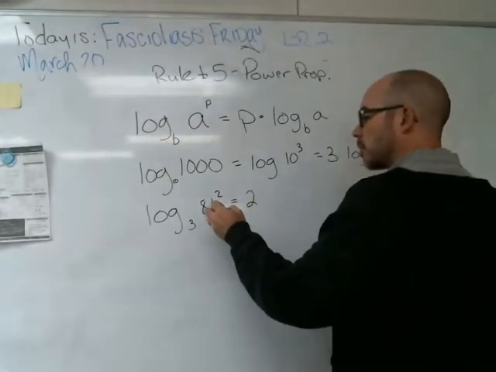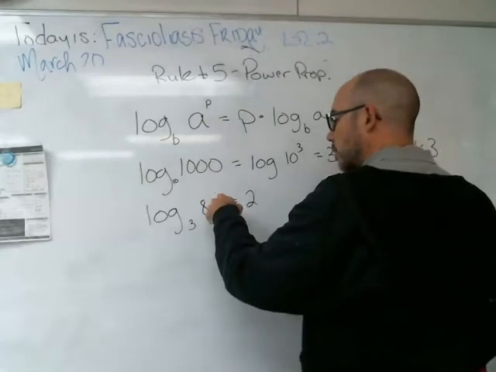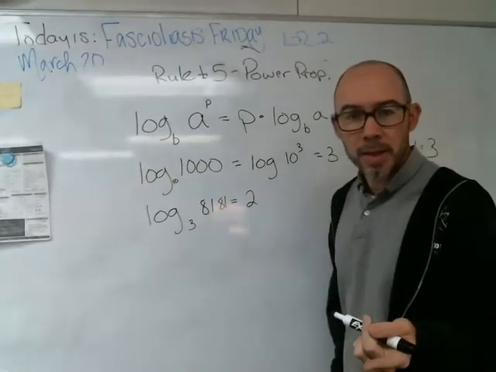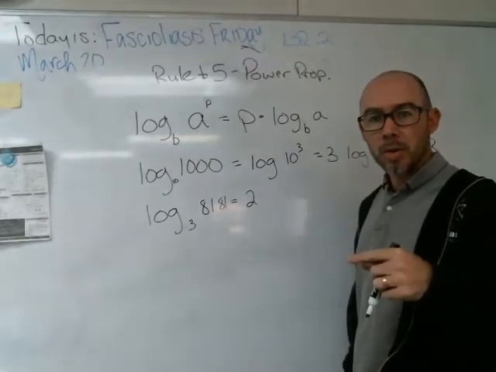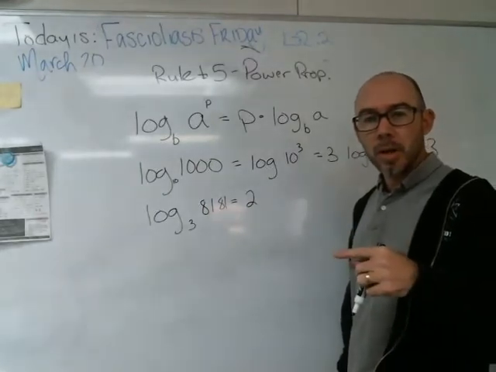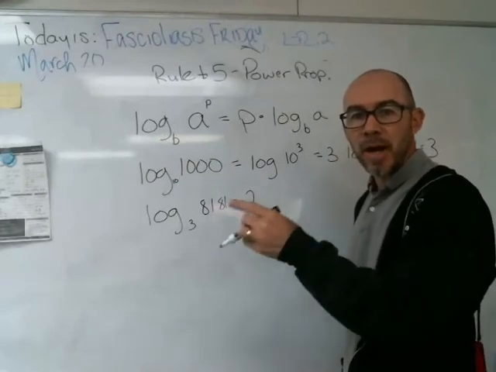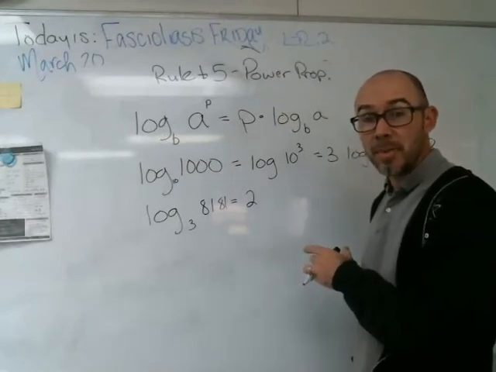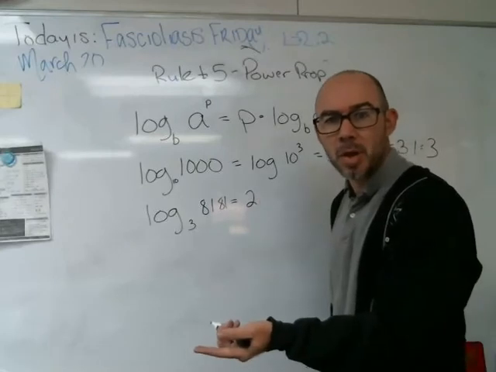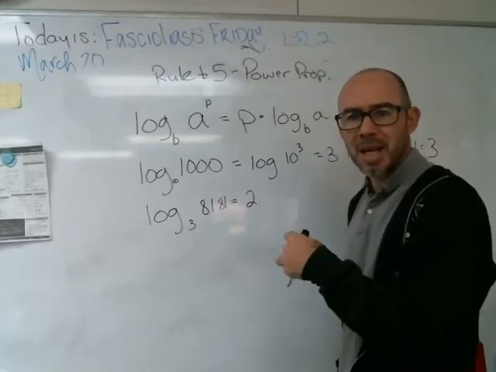I know that this is basically 81 times 81, which we already had a rule for. That's the multiplication rule, the product rule. And the product rule says let's do each of these separately. If I have 2 of them and they're the same, that's just multiplying by 2. Let me say that again.